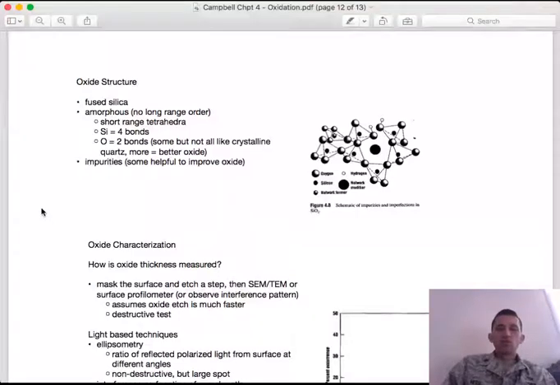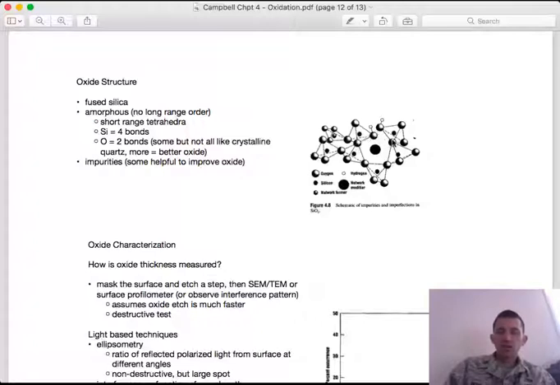And so what result do you get? You get silica. You get SiO2. It's grown relatively quickly, and so you don't get crystalline silica. You don't get quartz on the surface, right? You get fused silica, which is amorphous, which means that you don't have long-range order, but you do have short-range tetrahedra, right? Silicon is bonded to 4 oxygen, right?